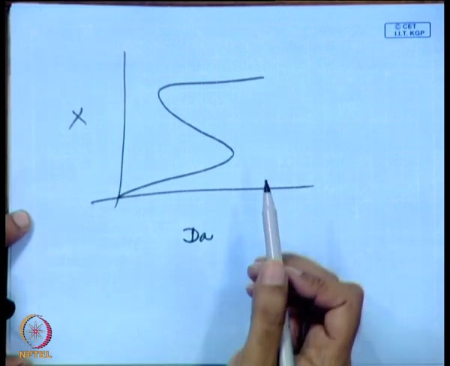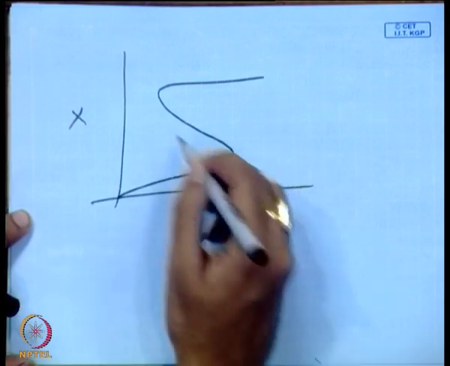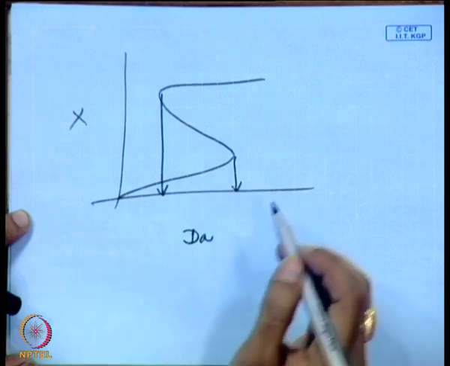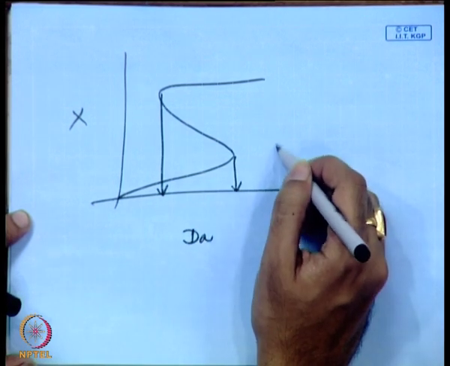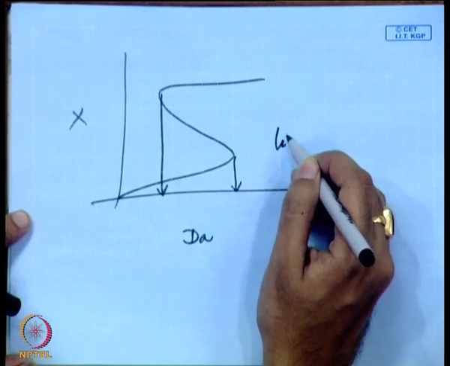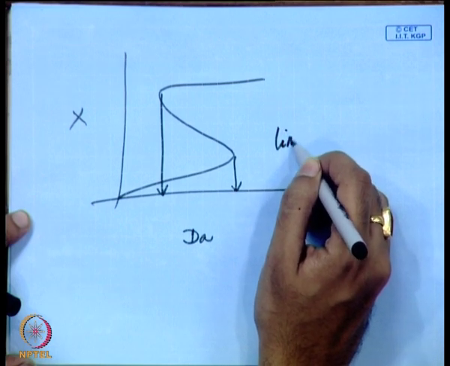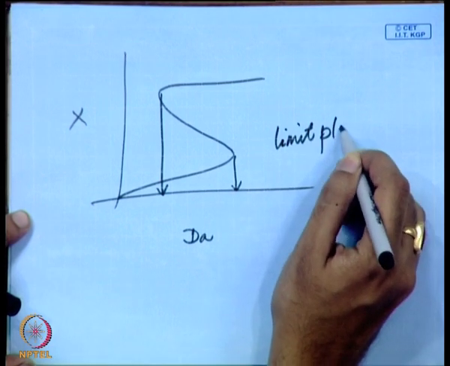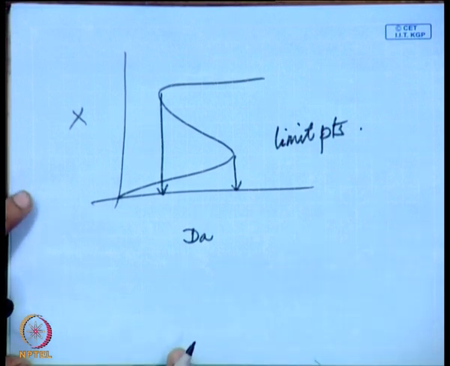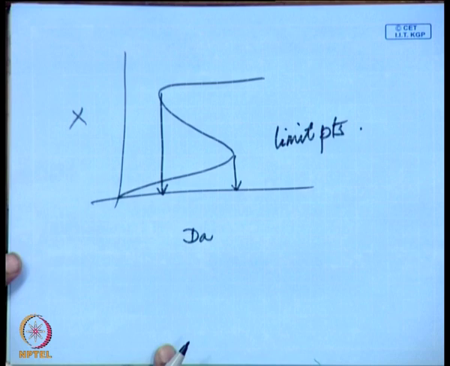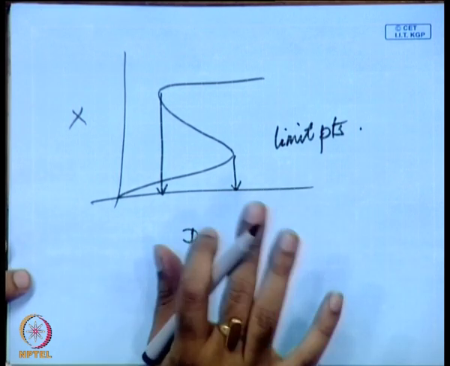So, what are these called? I have told you this before. Still, what are the mathematical names of these? Limit points. They may or may not be ignition or extinction, depends on the catalyst and so on, if you are doing a chemical reaction, but mathematically the generic term for these is limit points.